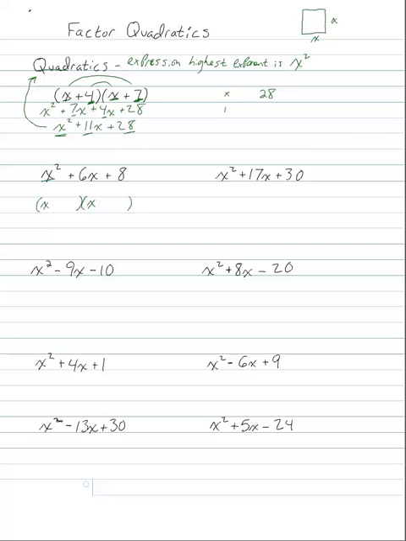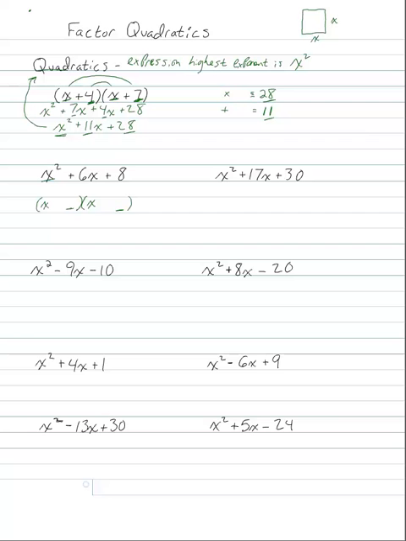So to find the last terms in our binomials, we need to find the numbers that multiply to give you the last number, the 28 in our example, and add to give you the middle number, the 11. So let's try x squared plus 6x plus 8.